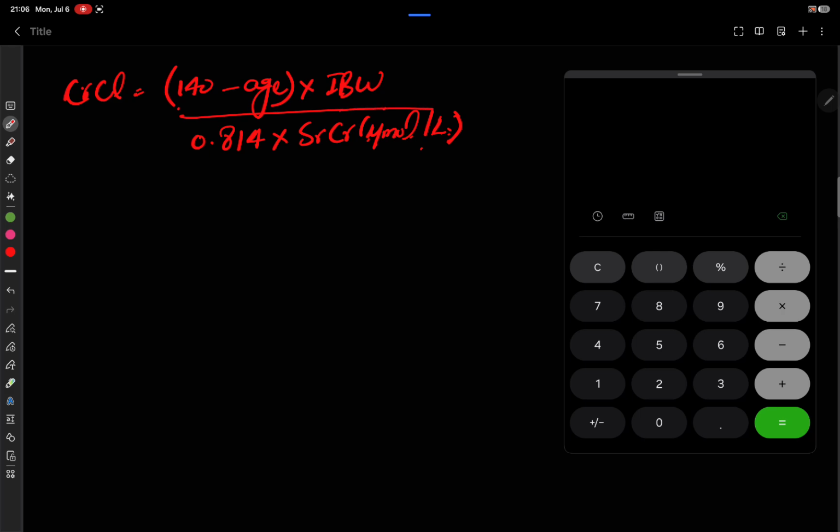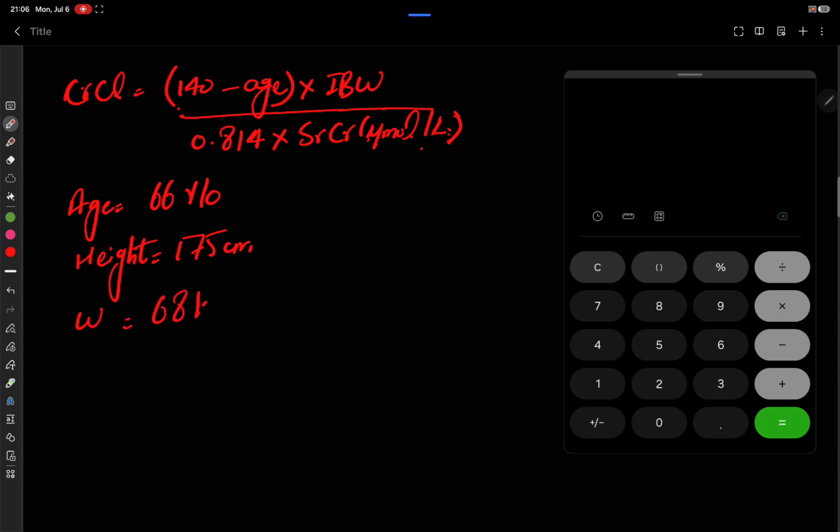And we have to find creatinine clearance for a patient with age 66 years, height 175 centimeters, weight 68 kg, and serum creatinine 144 micromole per liter.